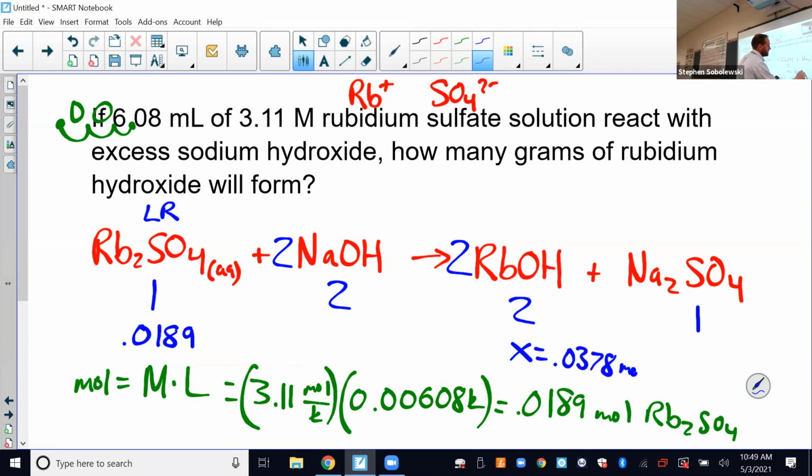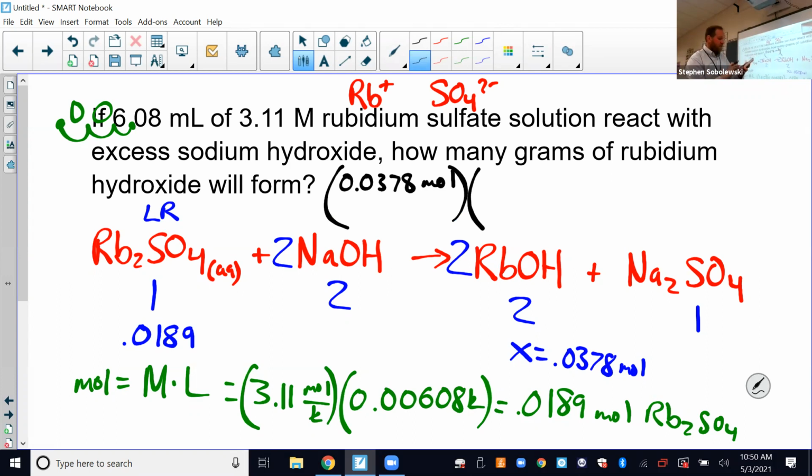And that's moles. And the problem asks you for grams of rubidium hydroxide. So we just got to do a moles to gram conversion. So 0.0378 moles of rubidium hydroxide times molar mass.